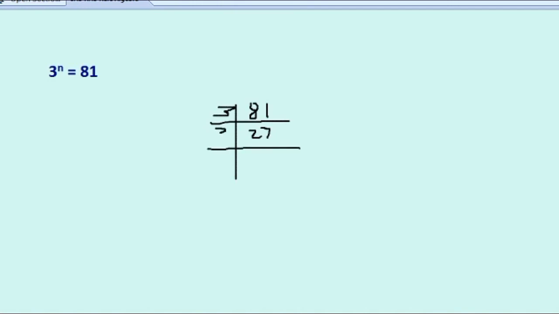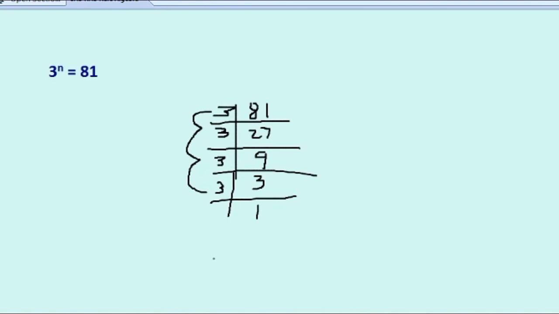Then again 27 can be divided by 3. 3 into 9 is 27. Okay. After that 3 into 3 is 9. And finally 3 into 1 is 3. So 3 into 3, 9, 9 into 3, 27, 27 into 3, 81.